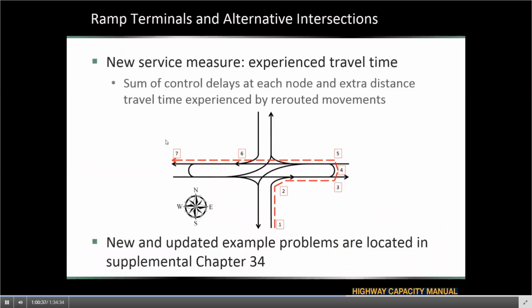So the new procedure explicitly tallies all these different travel times and delays, and integrates all of them together into one service measure called experience travel time, and then derives a level of service based on that.